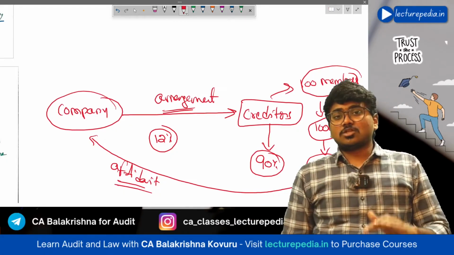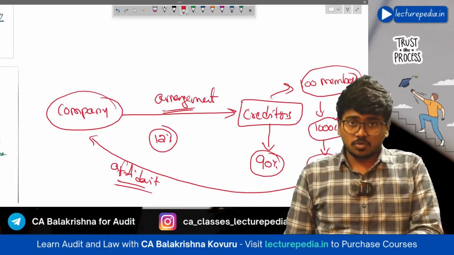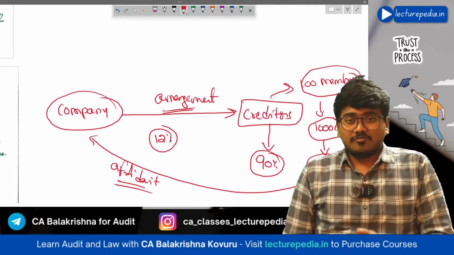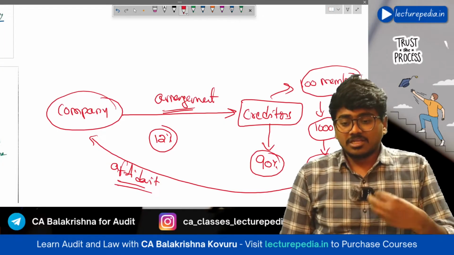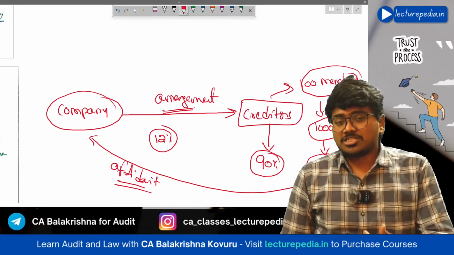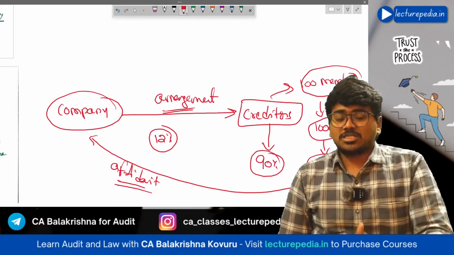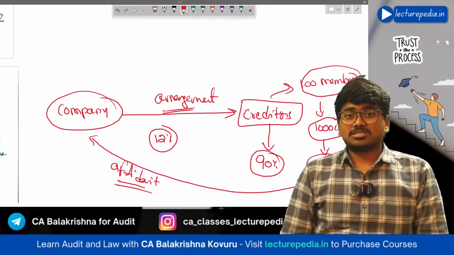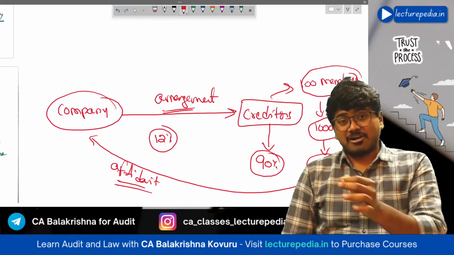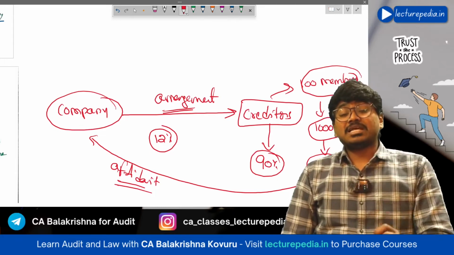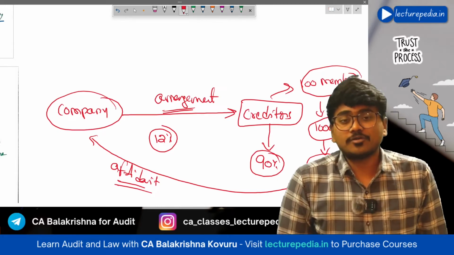However, this option is not available for shareholders. If there is any compromise or arrangement with the shareholders, this option of dispensing with the meeting of shareholders is not available. If the compromise or arrangement is with creditors and 90% of value of creditors agree for this compromise or arrangement through an affidavit, then the tribunal can dispense with the requirement of calling a meeting of creditors.